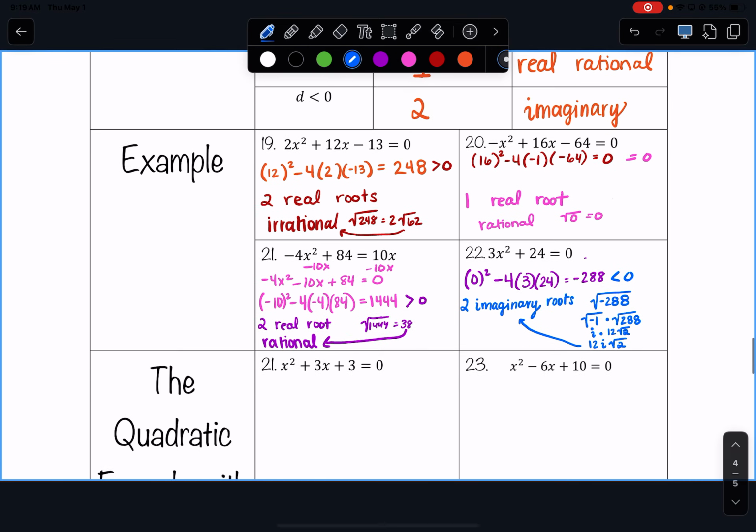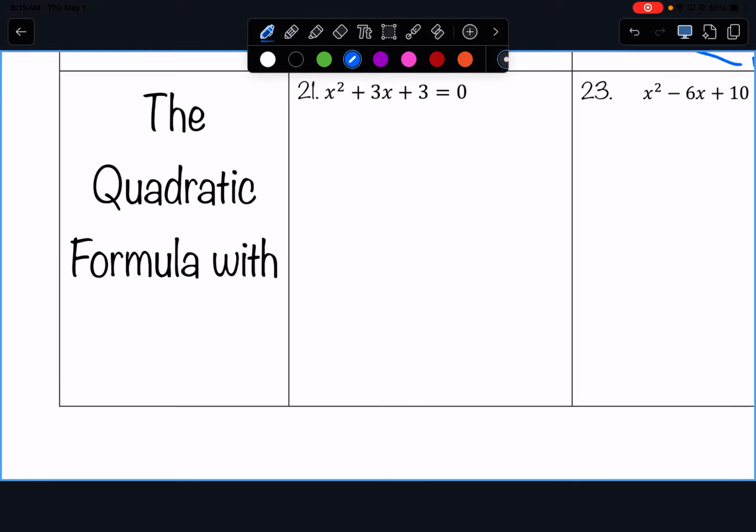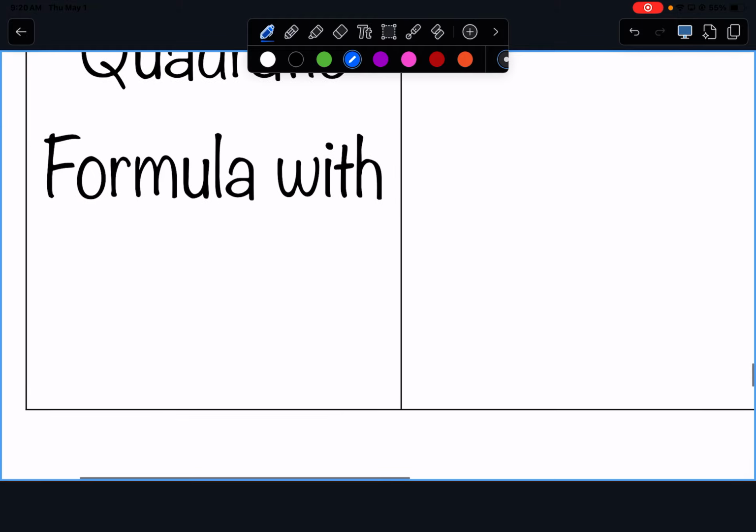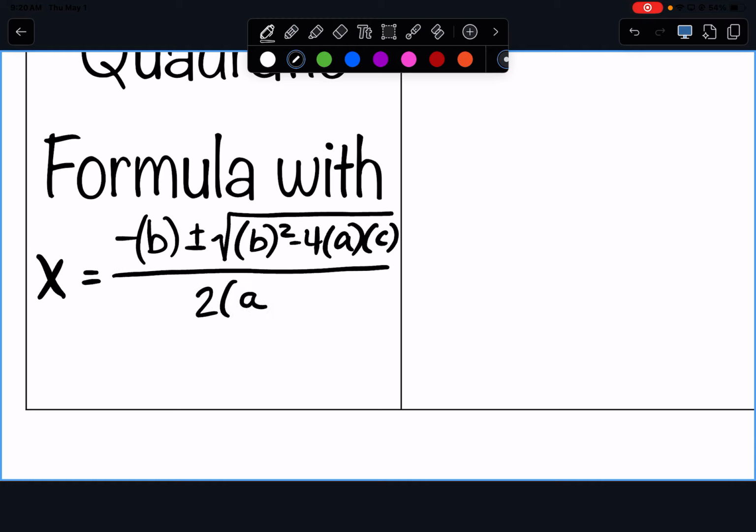All right, now, I want us to go ahead and look at the quadratic formula with complex solution sections. This section is us actually using the quadratic formula. So at the start, we're going to put in what the quadratic formula is. x is equal to negative b plus or minus the square root of b squared minus 4 times a times c all over 2 times a.